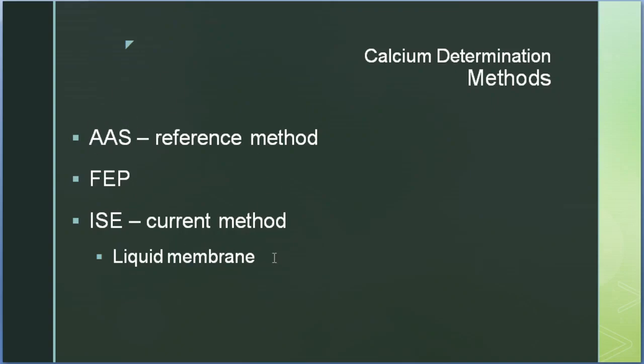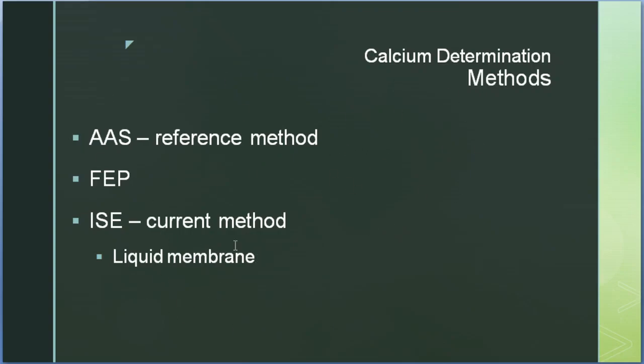Photometric determination. These systems may use your membrane impregnated with special molecules that will selectively but reversibly bind to your calcium ion. So, as your calcium binds to these membranes, anong nangyayari? There will be electrical potential na madedevelop across the membrane that is proportional to the ionized calcium concentration. So your calcium will bind to your membrane.